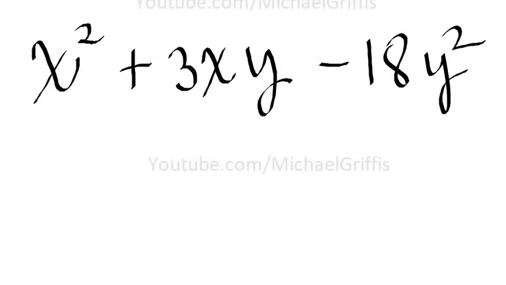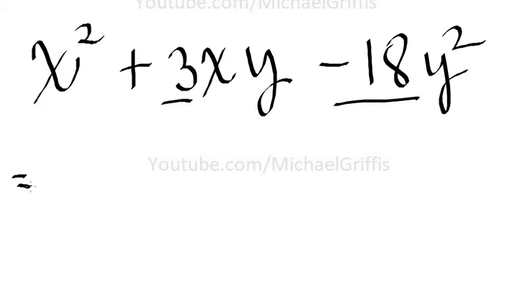Let's think about this. We multiply two numbers together, we're going to get the negative 18, and when we add them, we get 3. So in this problem, that's all we need to be concerned about. Let's write an x here.